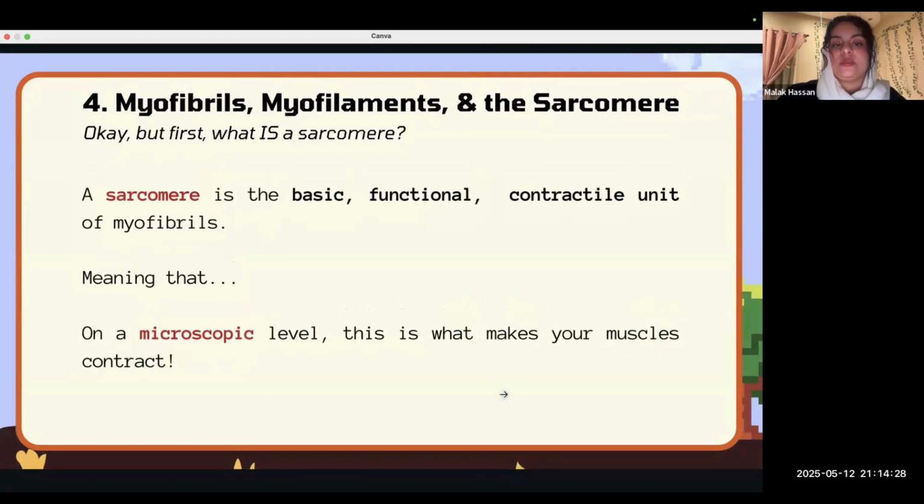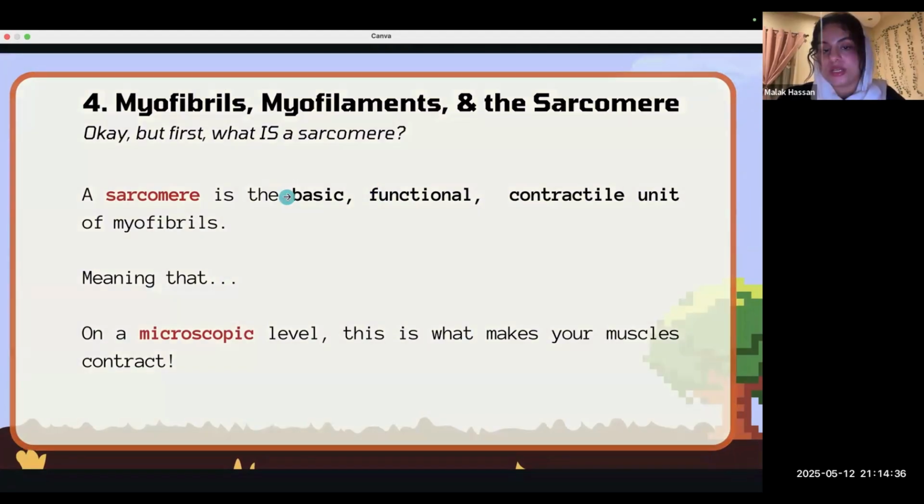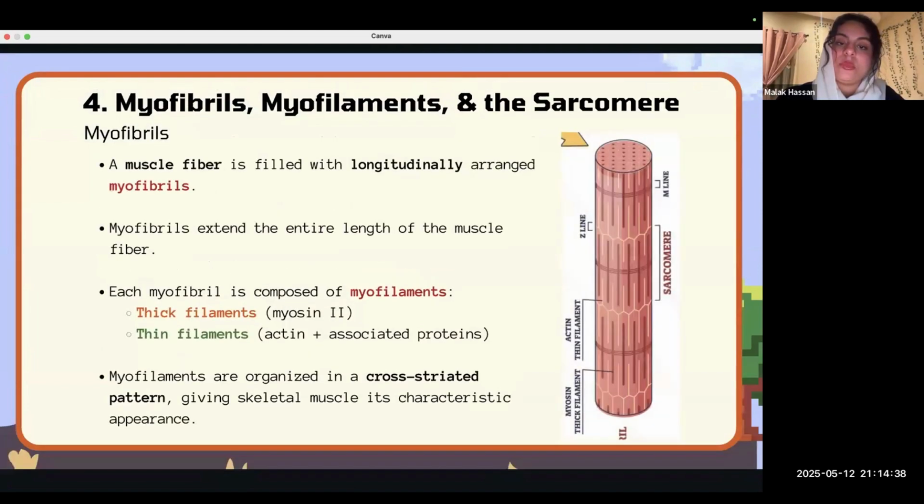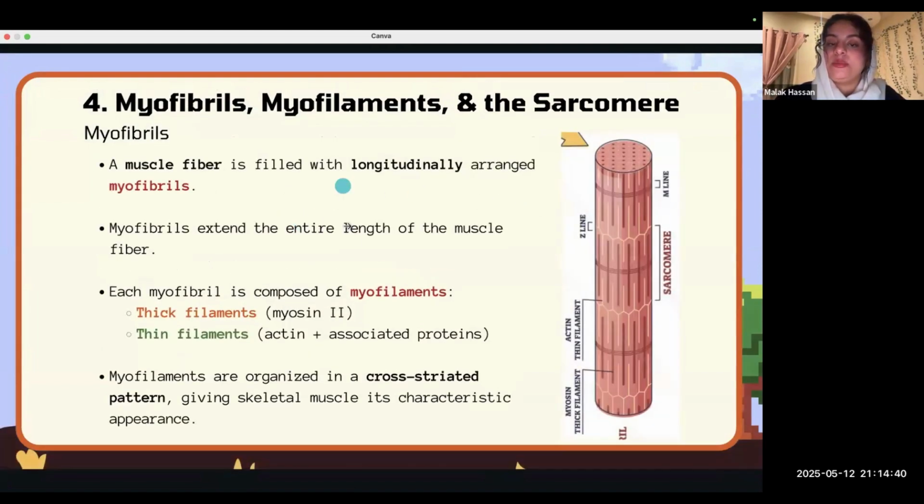Now, what is a sarcomere? The sarcomere is the basic functional contractile unit of myofibrils, which means that on a microscopic level, the sarcomere is what makes your muscles contract. Now, the muscle fiber, I took it and flipped it here, is filled with a lot of myofibrils, right?